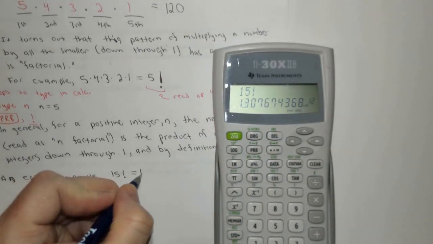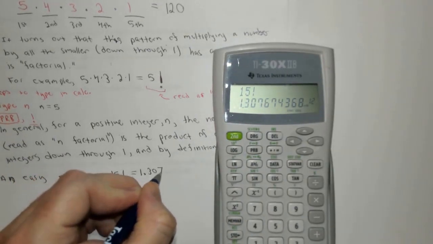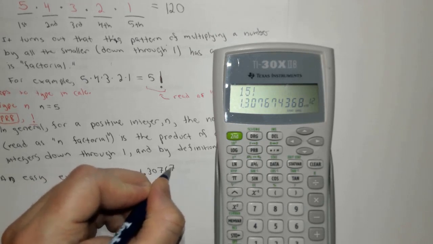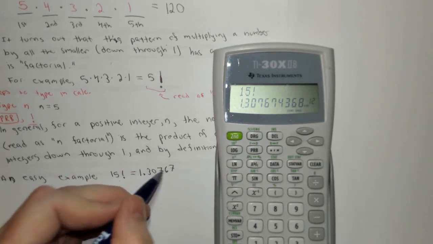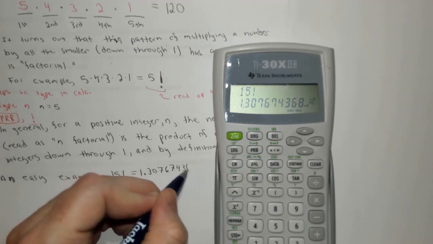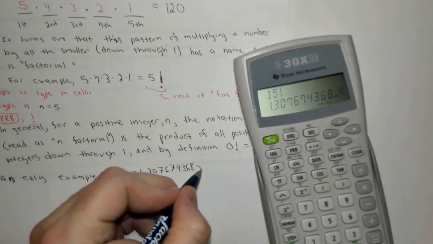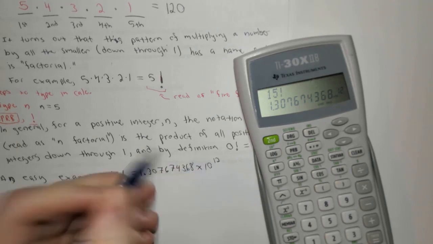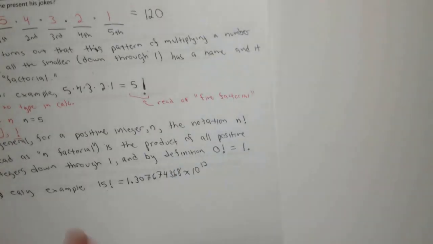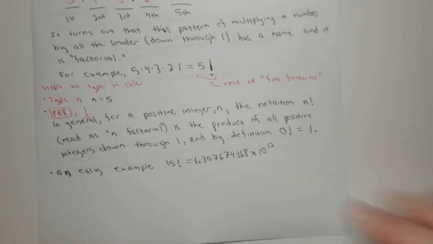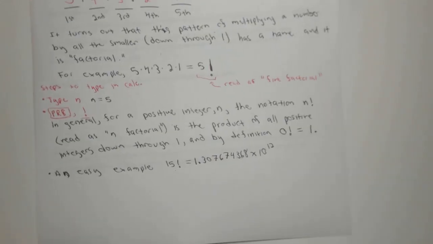That's 1.307674368 times 10 to the 12th. What does that even mean? Okay. What that means is this is scientific notation.